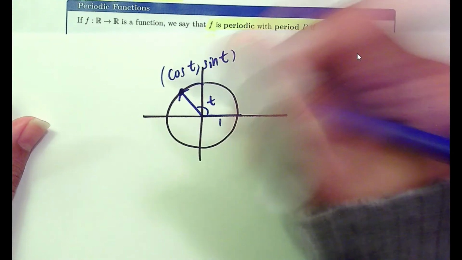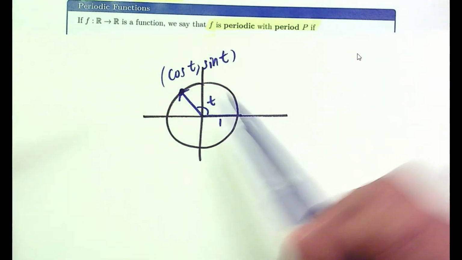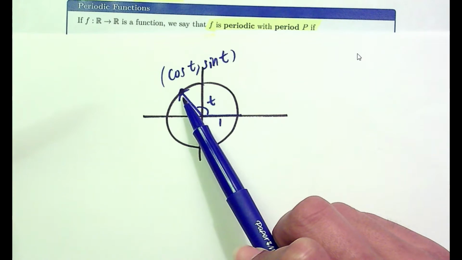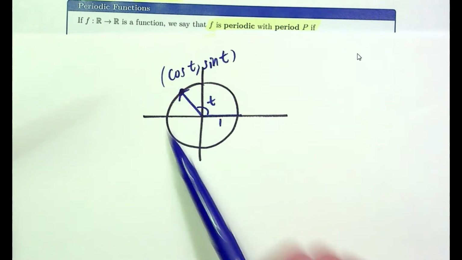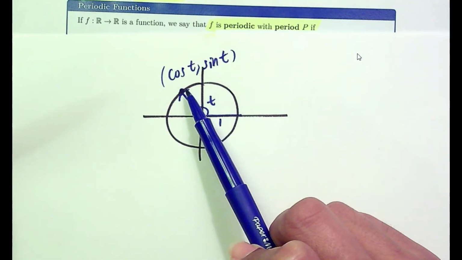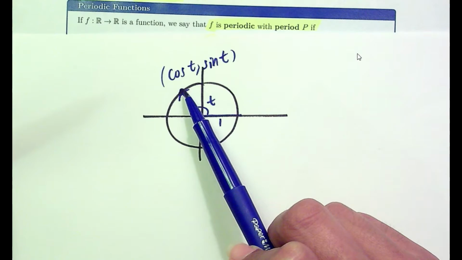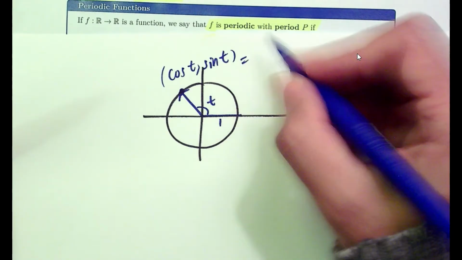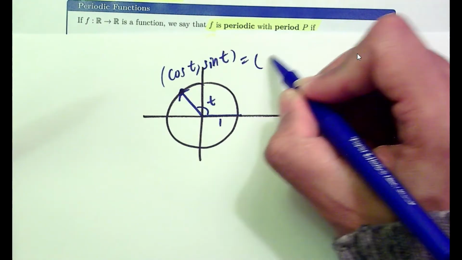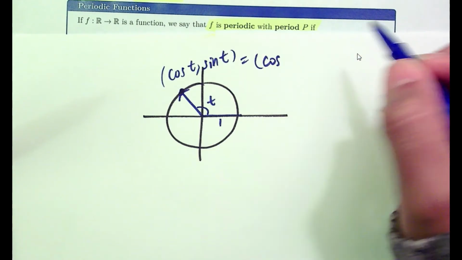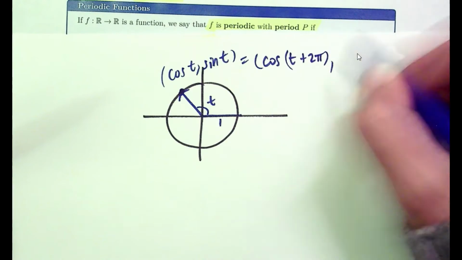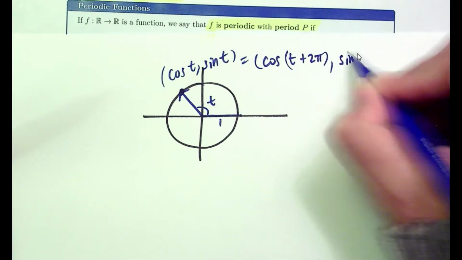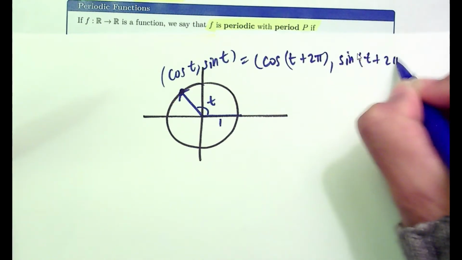Now, what happens if I add 2 pi to this angle? Well, that's a complete full revolution. So if you add 2 pi, you're going to end up in exactly the same spot. But the coordinates of that point are cosine of t plus 2 pi and sine of t plus 2 pi.